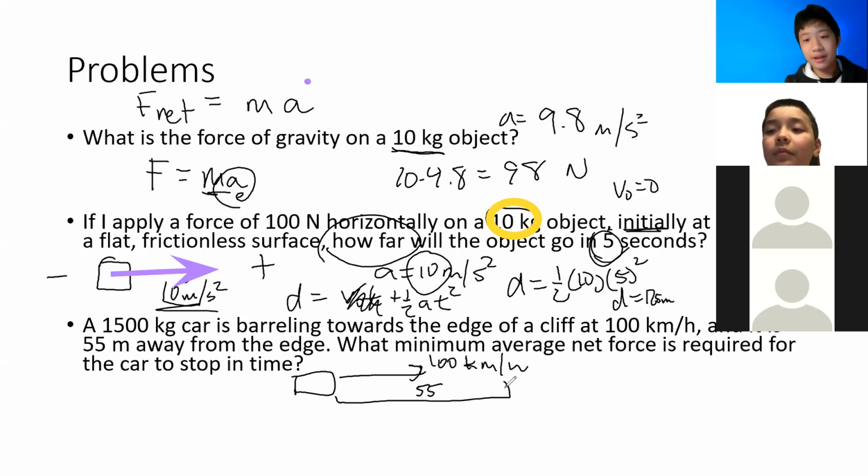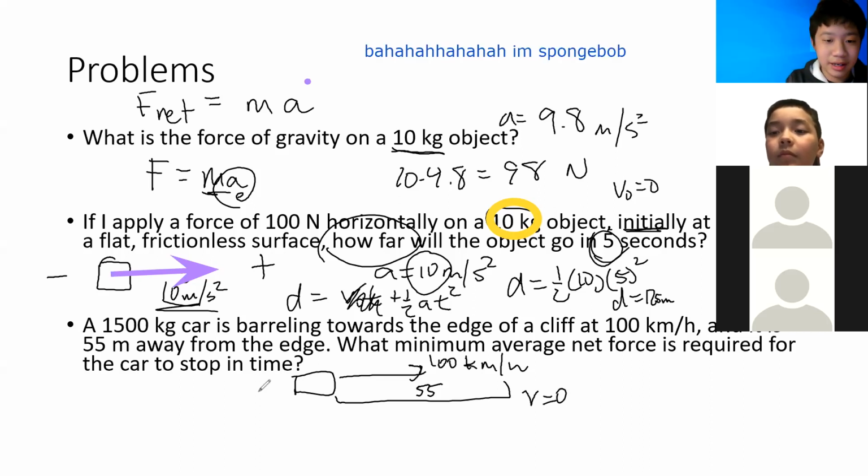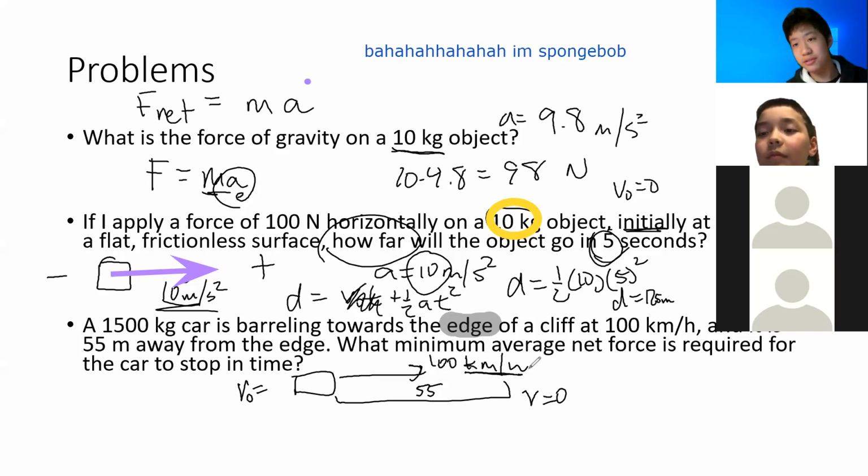So basically, I want the car to have a v of 0 at the end. And right now I have an initial velocity of some value. And if you see here, this is in kilometers per hour. We're not going to be able to use kilometers per hour in physics. We have to turn this into meters per second.